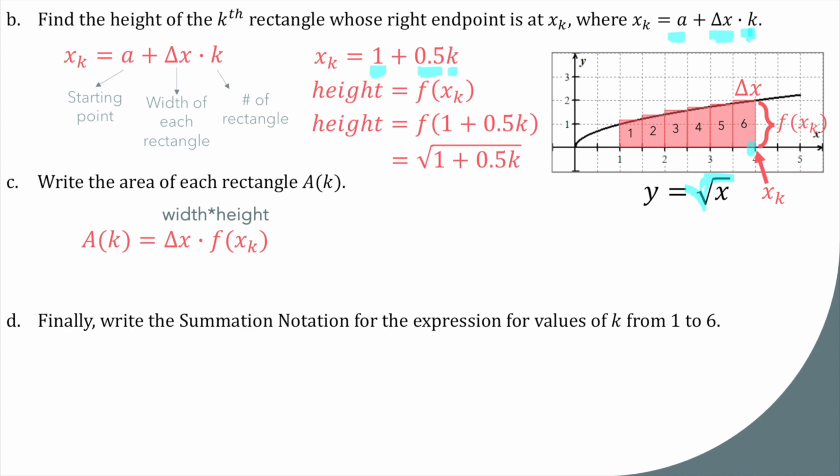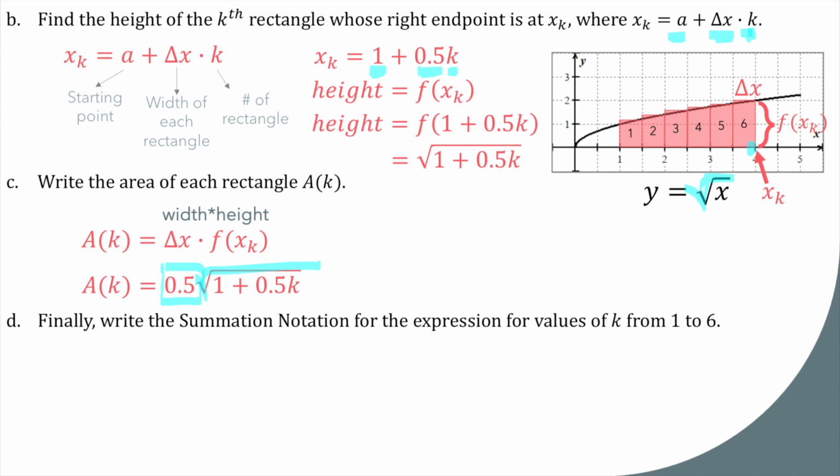So delta x is the width, and f of x sub k is the height. So for us, the area of each rectangle is 0.5 times the square root of 1 plus 0.5k.